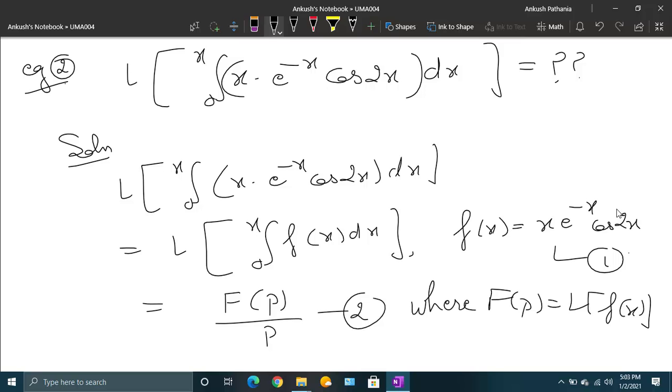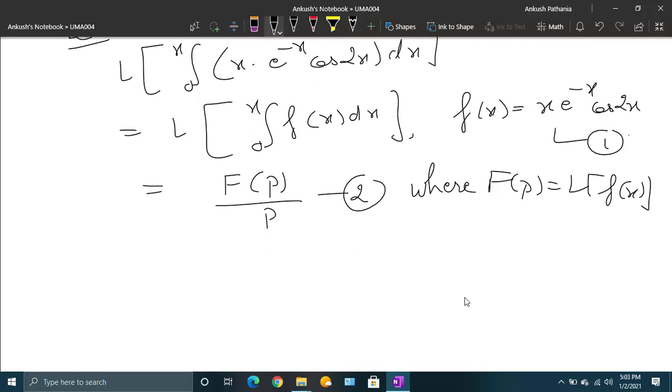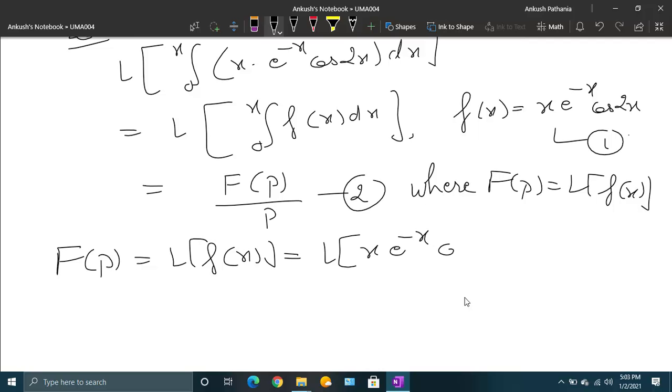So the whole story for this question revolves around finding the Laplace of f(x). So F(p), that is Laplace of f(x), that we need to find is the Laplace of x e raised to power minus x cos 2x.